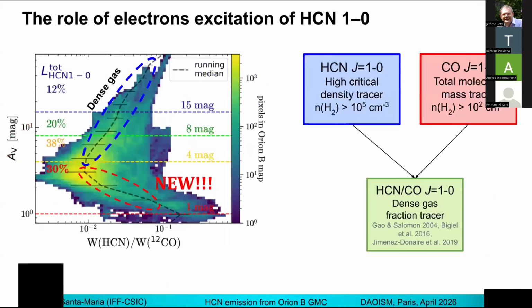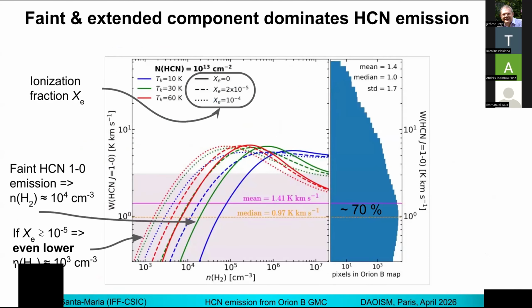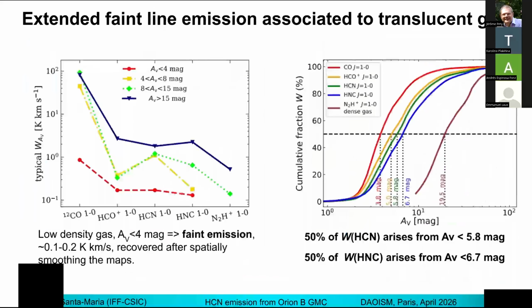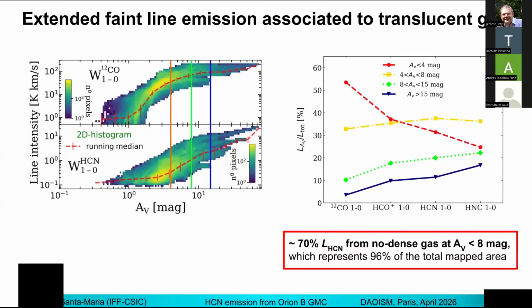So how much of the HCN luminosity is actually in that second branch? How much of the emission does it account for? Yeah, so, where is it? Here. So it's all the gas below 4 magnitudes.